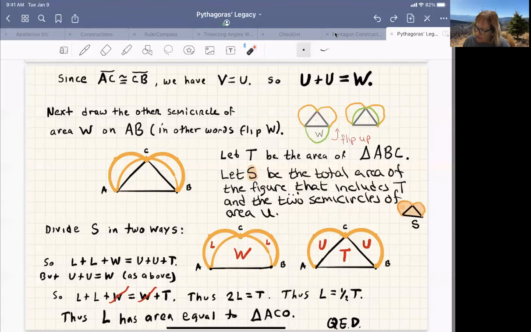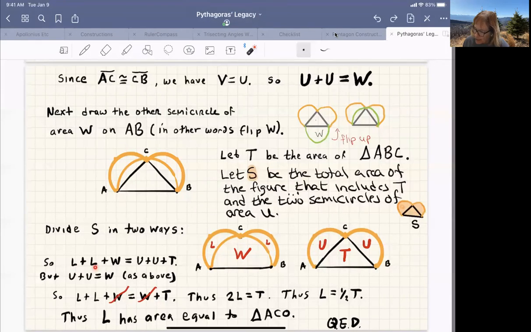And so from this part, we have L plus W. That's what we wrote right here. And then looking at it where we broke it up into pieces in a different way, we have U plus T, and that's here.